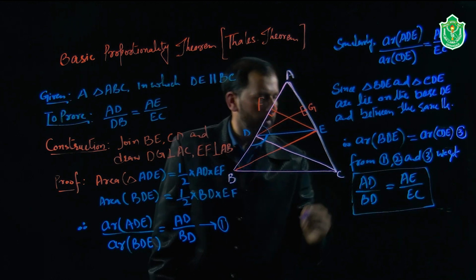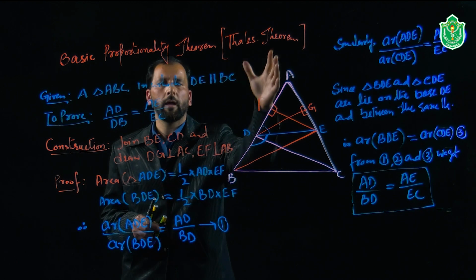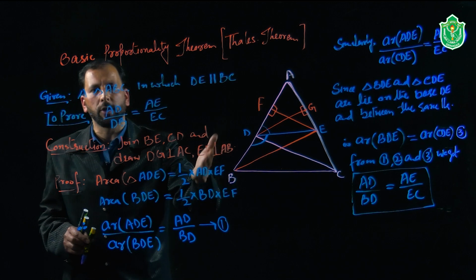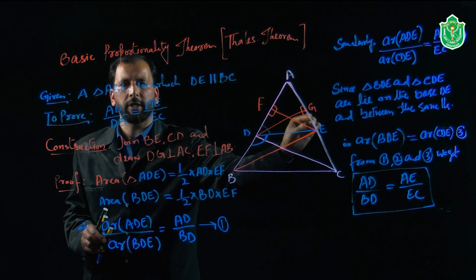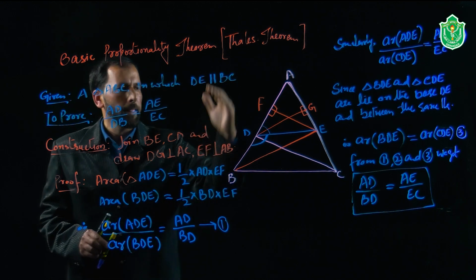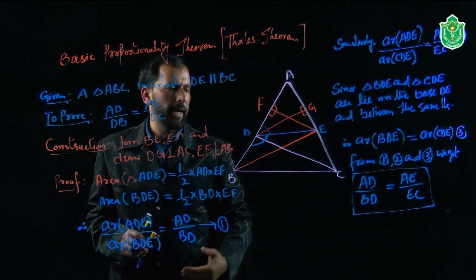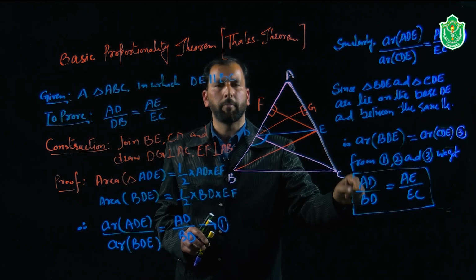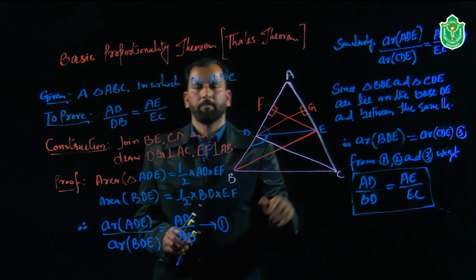This is what the theorem is all about: when we have a triangle and one line parallel to one of the sides, it intersects the other two sides at two distinct points, here D and E. Then this line divides the two sides AB and AC in the same ratio, that is, AD divided by BD is equal to AE divided by CE.